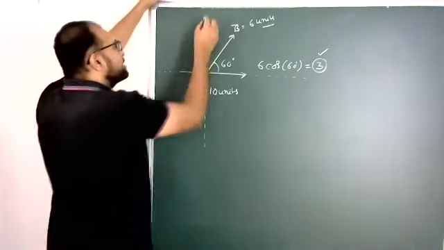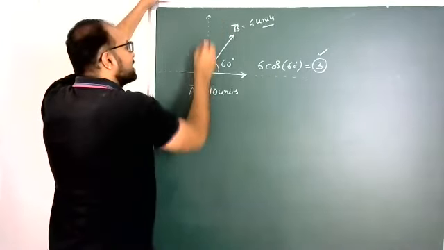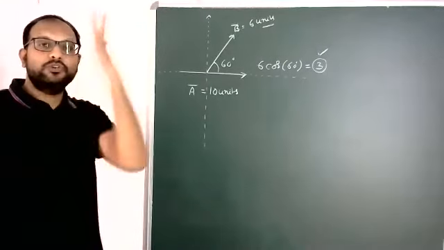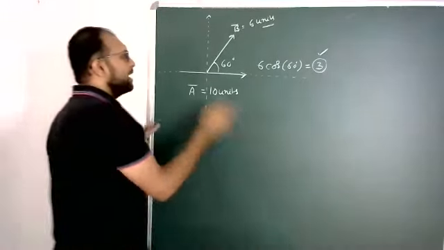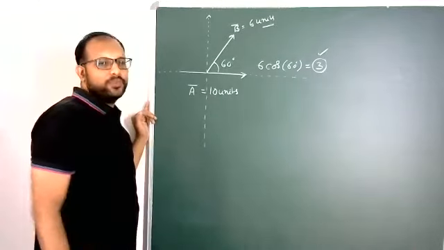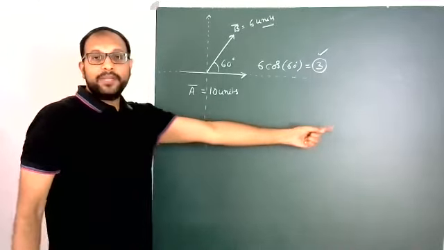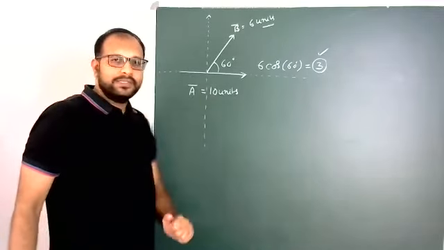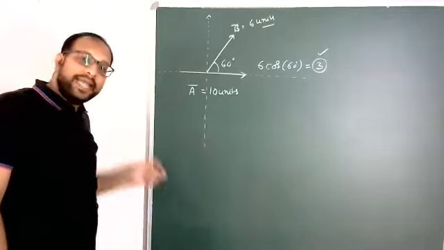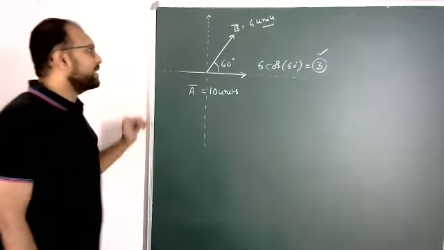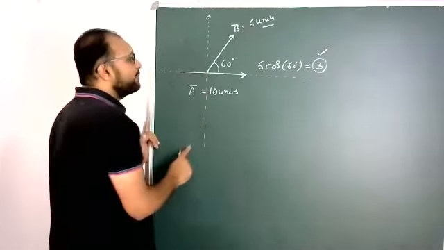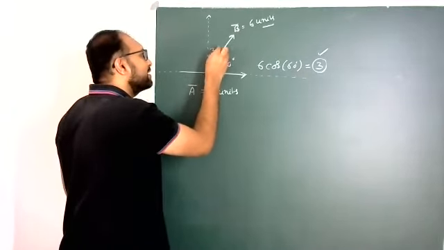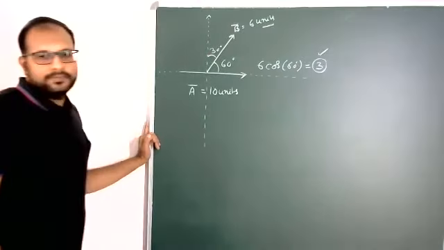Now come to this component also. On this side also one component is there because it is perpendicular to A bar. How to find that out? Here we have two methods, just like the previous. In the previous also I explained two methods. One is sine and cos, one set, and another is cos and again one more cos. But here, for this component, first you need this angle. Yes, this angle is 30.